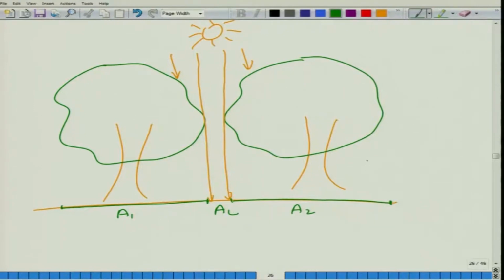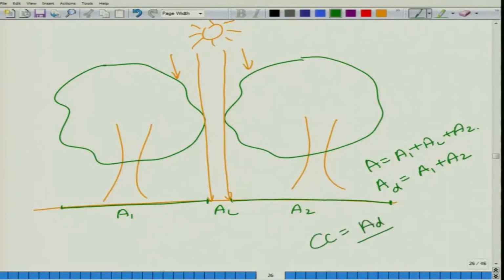So, the total area is given by A1 plus AL plus A2. The area that does not receive any light or the area in the darkness is given by A1 plus A2, and our canopy cover will be area in darkness divided by the total area, that is A1 plus A2 upon A1 plus A2 plus AL.